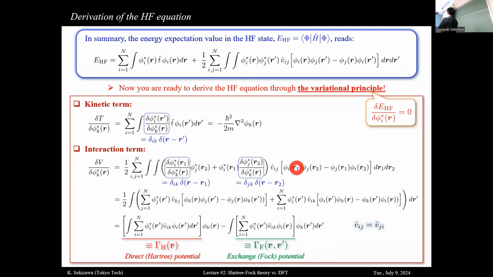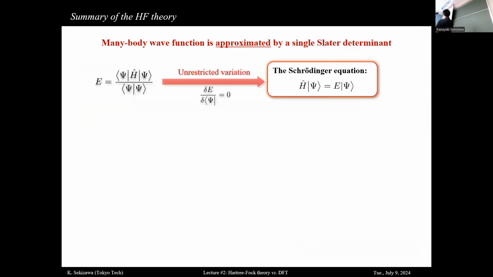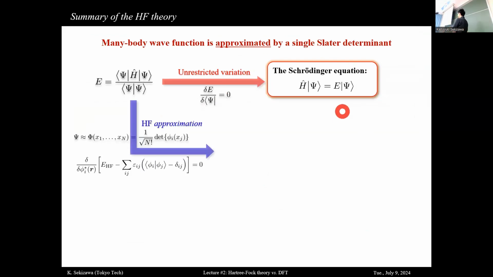So anyway, you could derive the equations by taking the variation of the Hartree-Fock energy. This provides you the Hartree-Fock equation. So this is a summary. If you perform the variation without any restriction on the many-body wave function, you could get the Schrödinger equation. But we cannot solve this directly in practice, so we introduced an approximation to the many-body wave function.